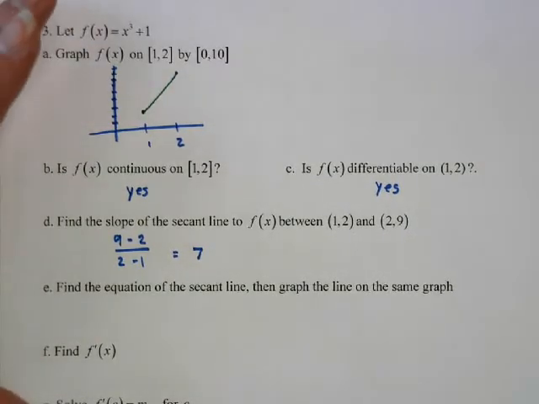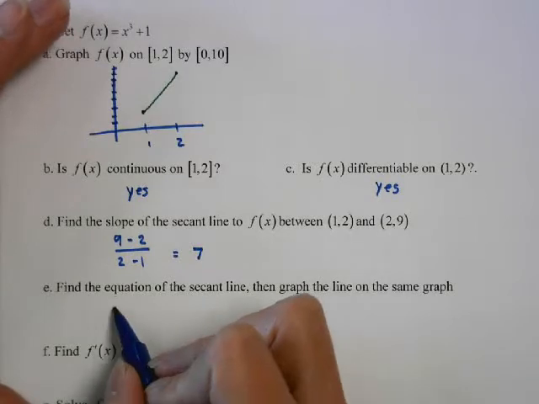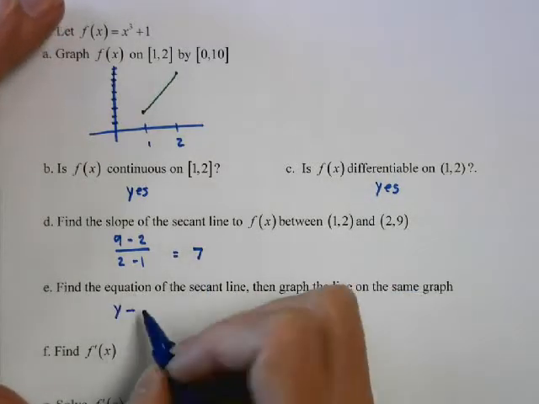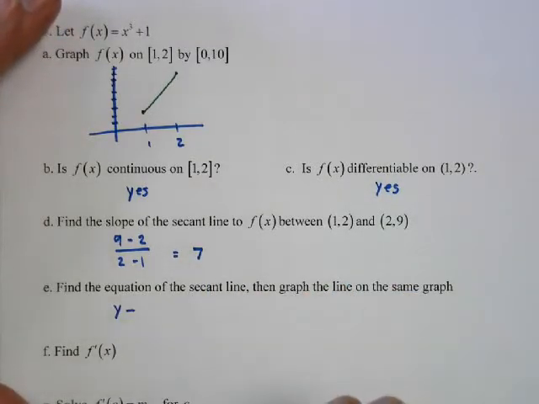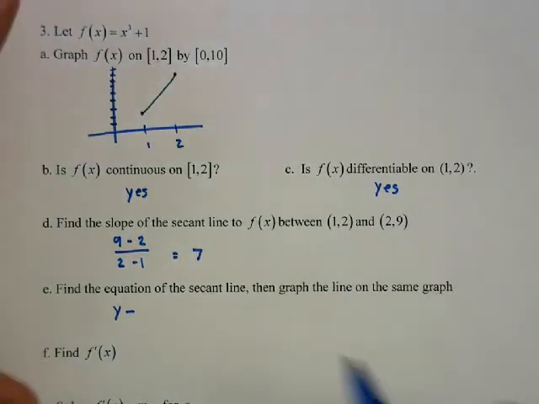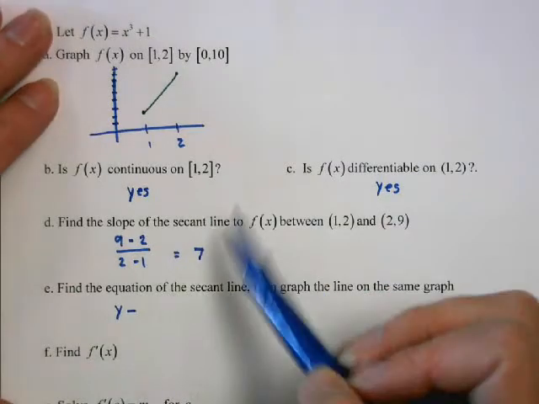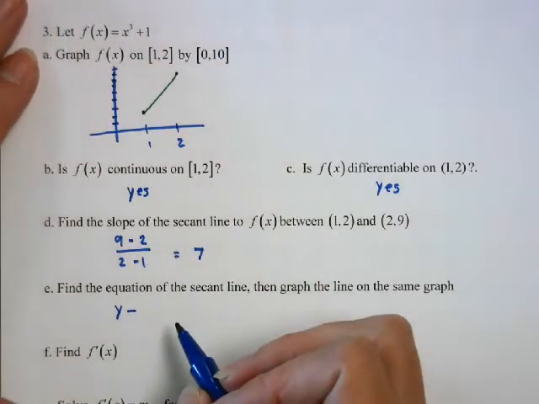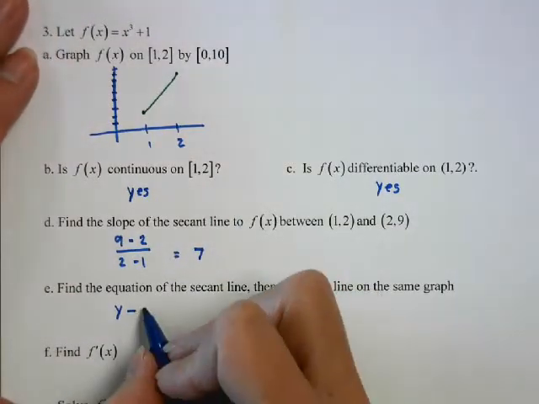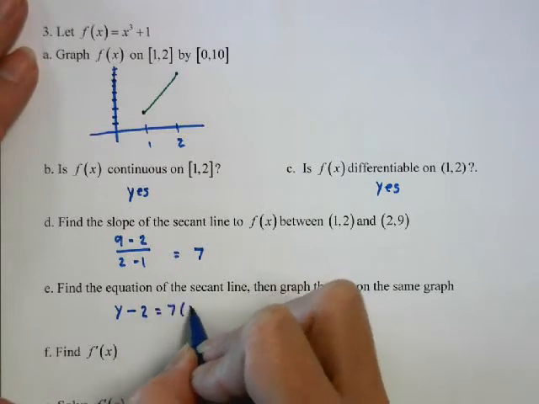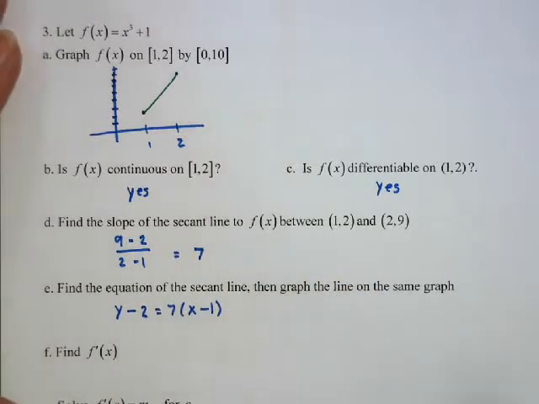Okay, we're going to find the equation for the secant line. So we're going to have y minus, and we can use either point. I'm just going to use the point 1, 2. Okay, so there would be the secant line.